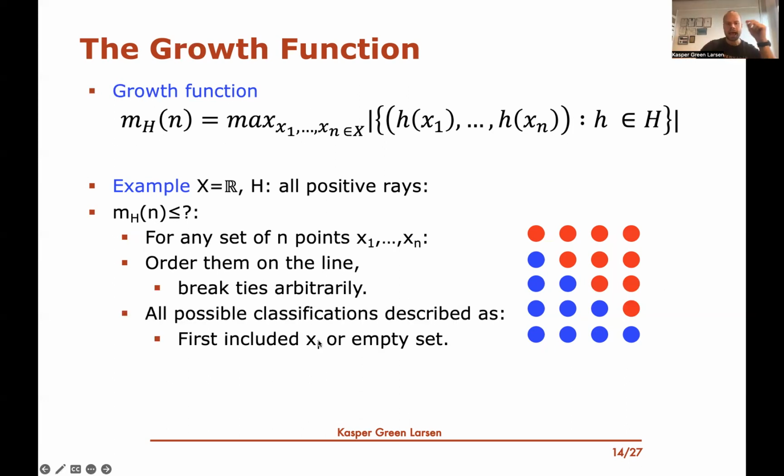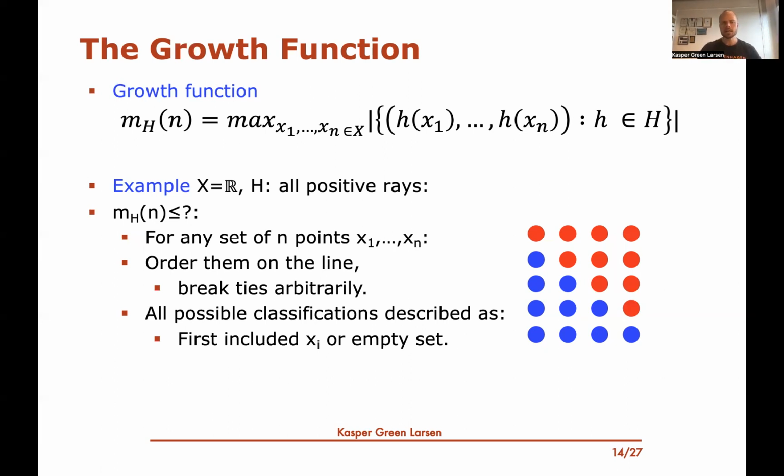Now, any dichotomy I can generate, you can describe by saying what is the first point in this ordering that is included in the positive part of the ray, right? Because I know that every point from there onwards is going to be red, and every point before it is going to be blue.